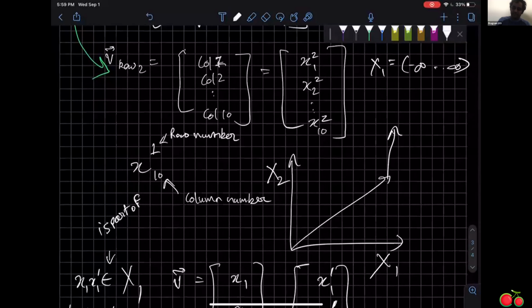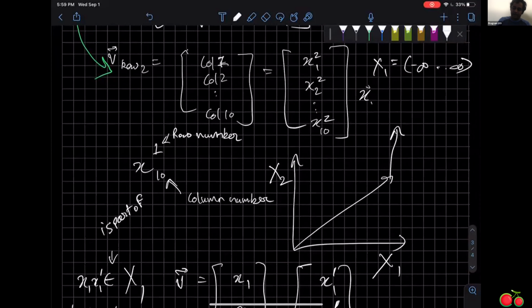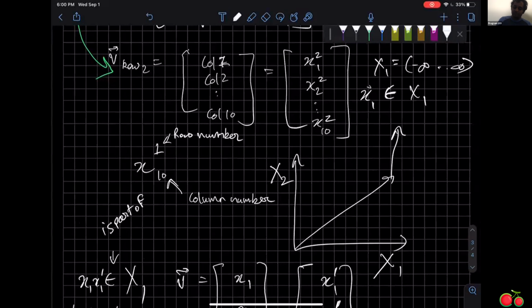So when we say that x1 is an element of X1, remember, like I talked about last time, you can have a single element as a subset. So x1 can be thought of as a subset of X. But usually what we say is that the single value of x1 is an element of this larger set, which is capital X1.